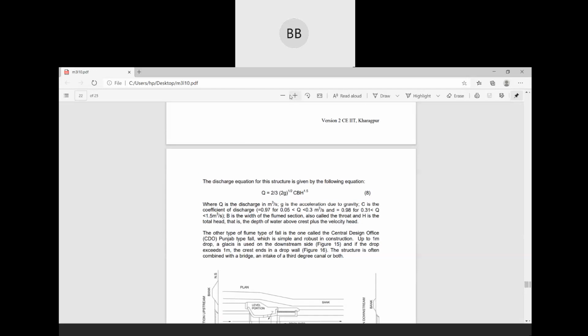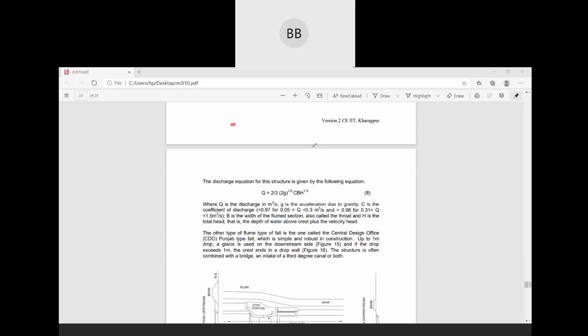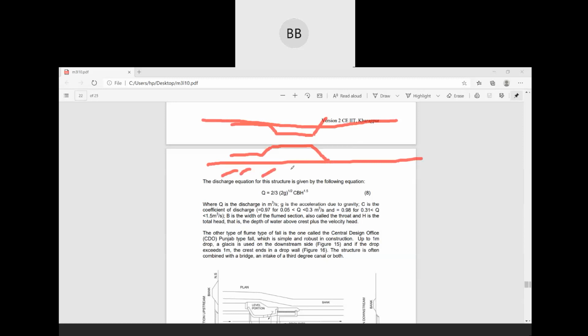It's something like that: convergence, then there will be a throat, then again you have a divergence. If this is the channel boundary, we can place that in between the channel, and we can measure the discharge using this equation.